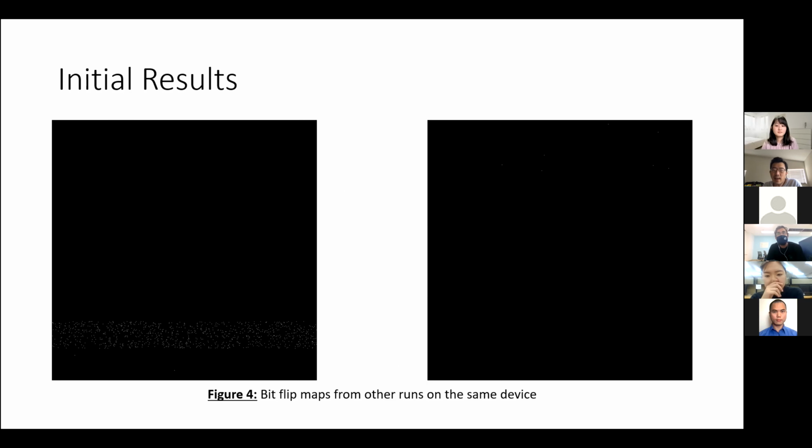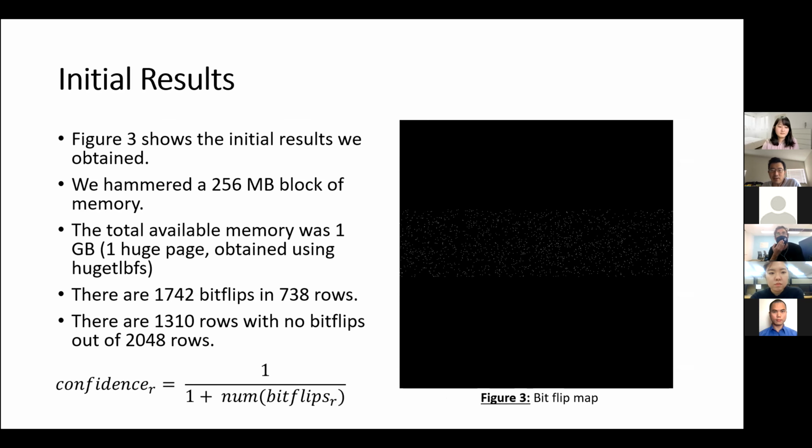Oh, I see. So when we're saying that they are strong, it could be TRR helping them survive. That's actually interesting. For these 1310 rows that are not flipping, is there any way we can check whether TRR is actually kicking in?